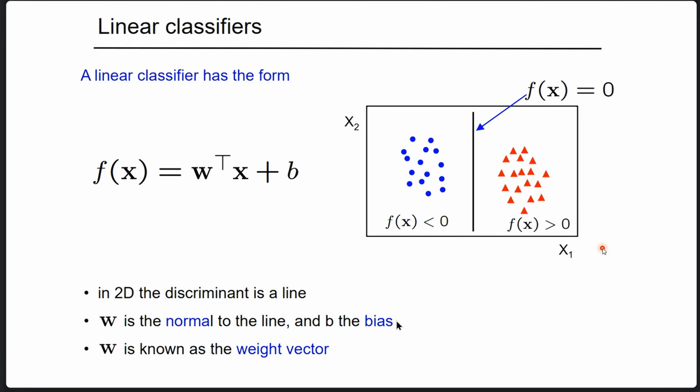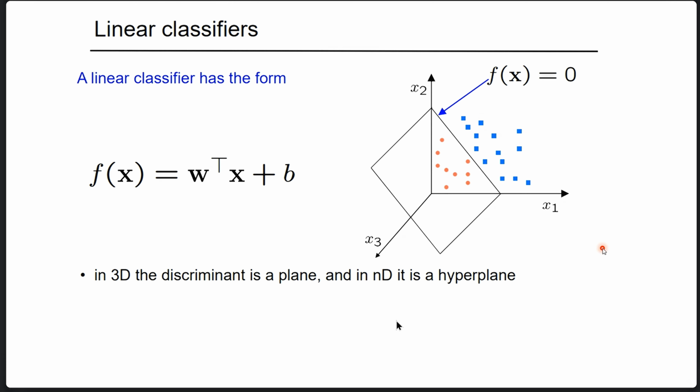So in an n-dimensional space, a hyperplane is an n minus one dimensional entity. But no matter what the dimensionality is, the equation of the hyperplane is W transpose x plus b. So basically it's a plane equation: x1 times a plus x2 times b plus x3 times c plus d. Remember the plane equation, this is the short form of it.